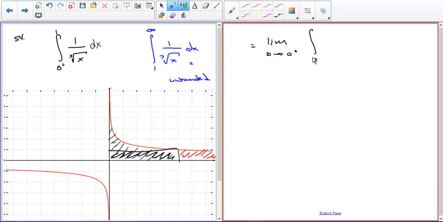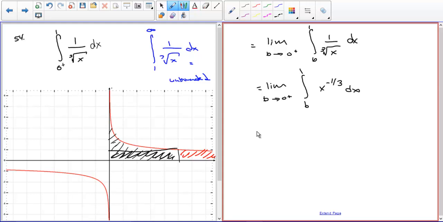So we integrate from b to 1 of 1 over the cube root of x dx. The first thing we do is change the expression inside the integral into a fractional exponent. So that'll be x to the minus 1/3 power dx.